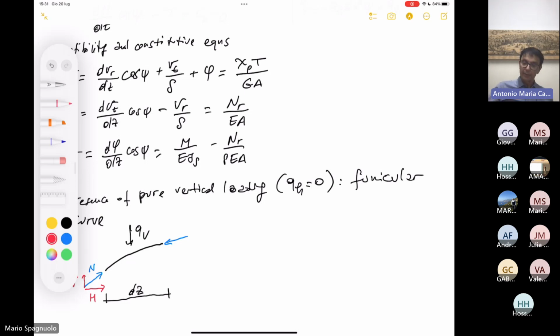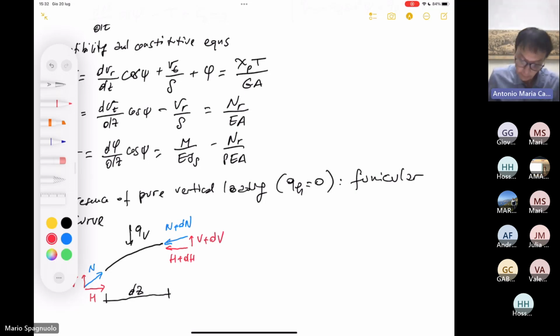So here we will have N plus dN, and here we will have the horizontal and vertical components that are H plus dH and V plus dV.